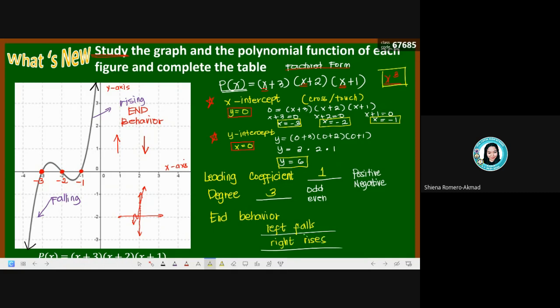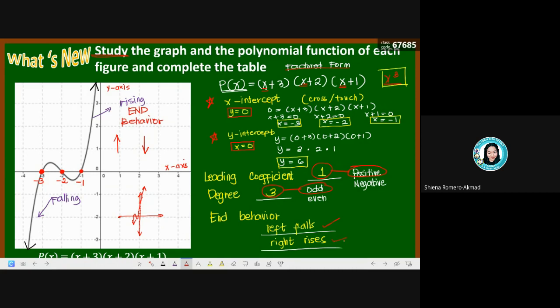Okay? So, looking at the graph, we now know that when the leading coefficient is positive and the degree is odd, therefore, the left falls and the right rises. Okay?